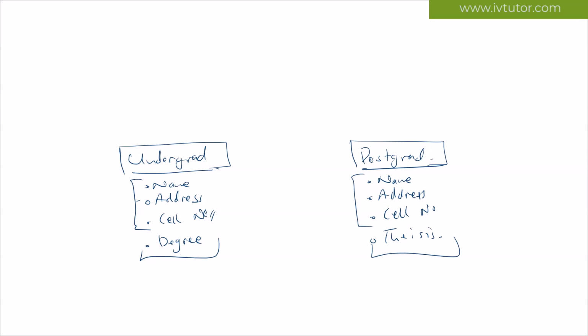All right. So can you not just have a student? Because it doesn't matter if it's undergrad or postgrad, they all have a name, they all have an address, and they all have a cell number.